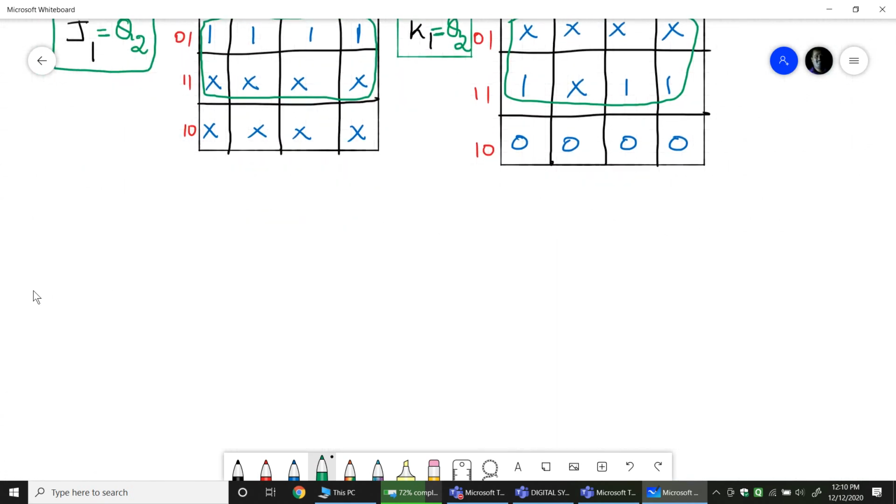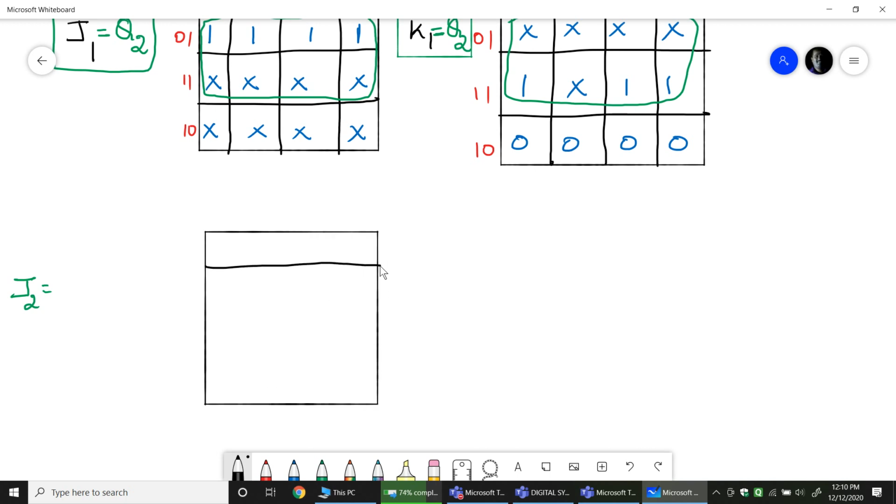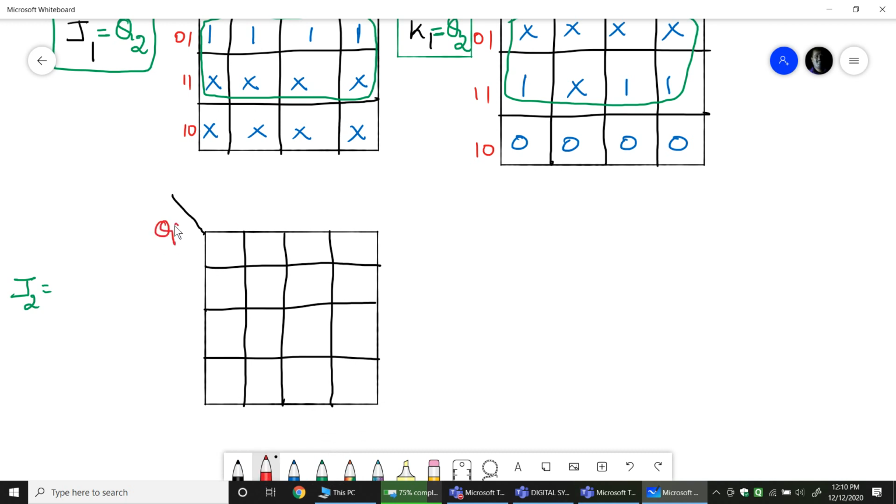Now coming to J2 and K2. So what is J2? Again write the K-map. Okay, so Q1 Q2, Q3 X 0 0 0 1 1 1 1 0 0 0 0 1 1 1 1 0.